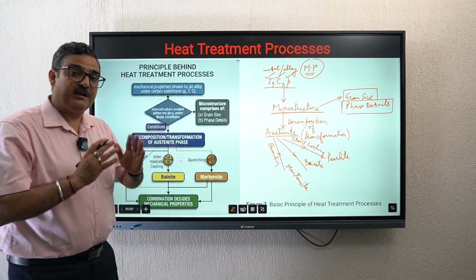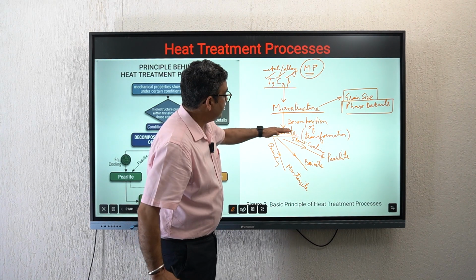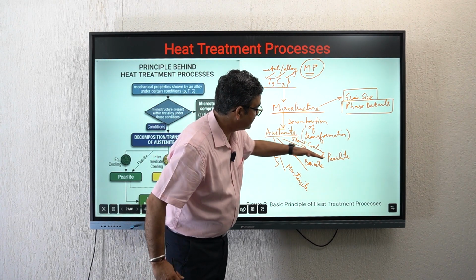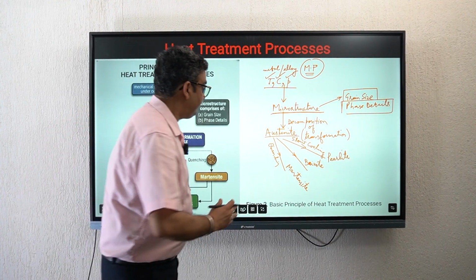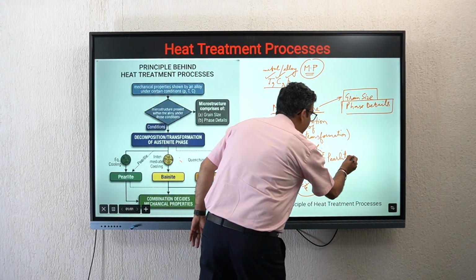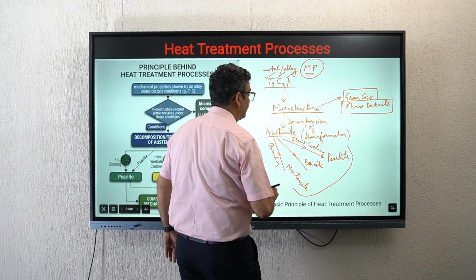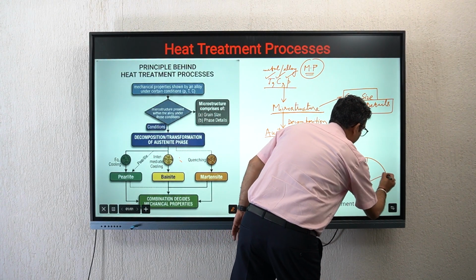So students, when you are bringing the steel containing austenite to room temperature, austenite will transform into different phases depending upon what type of cooling rate is being followed. And finally, what combination of phases are being seen depending upon the cooling route that you followed will decide what would be the room temperature microstructure of your steel.